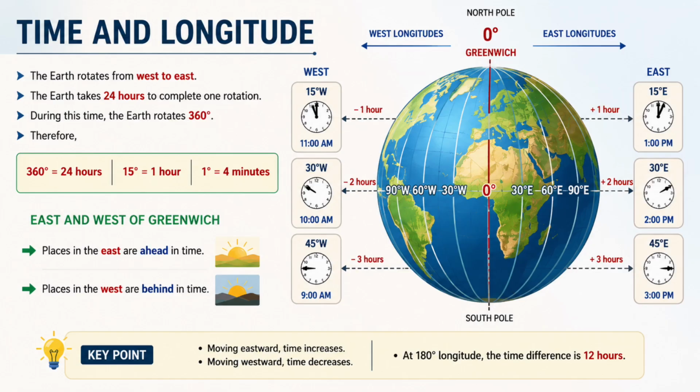Let us understand how longitudes are connected with time. The Earth rotates from west to east. Earth takes 24 hours to complete one rotation. During this time, the Earth rotates 360 degrees. So, 15 degrees of longitude is equal to 1 hour and 1 degree of longitude is equal to 4 minutes.